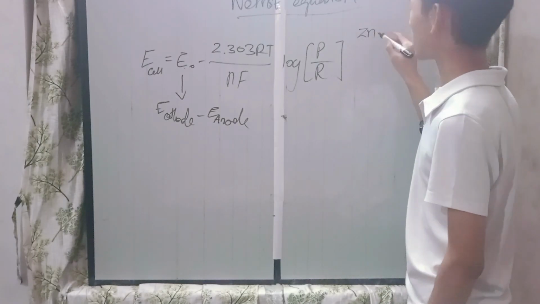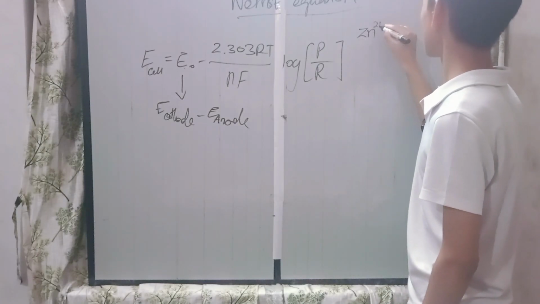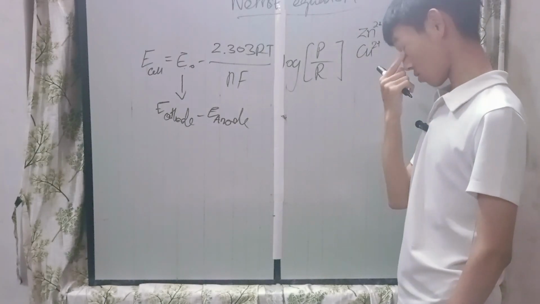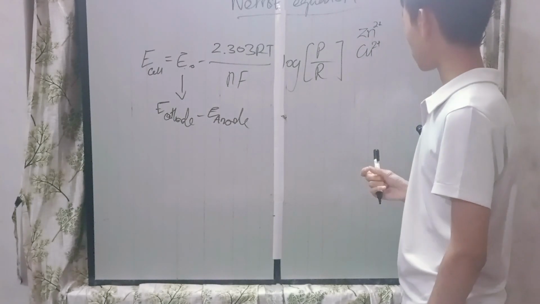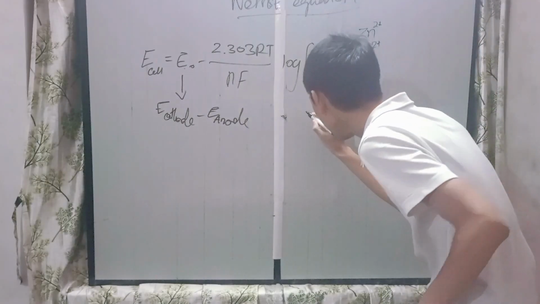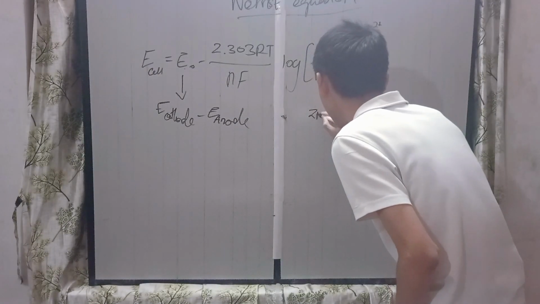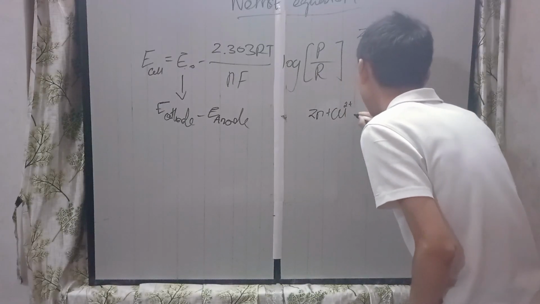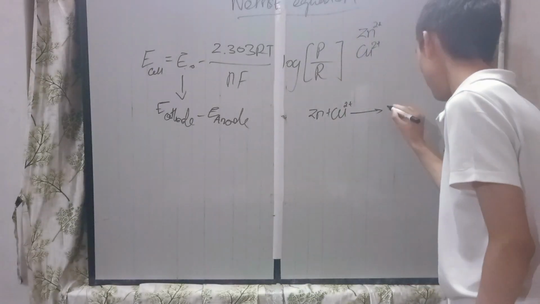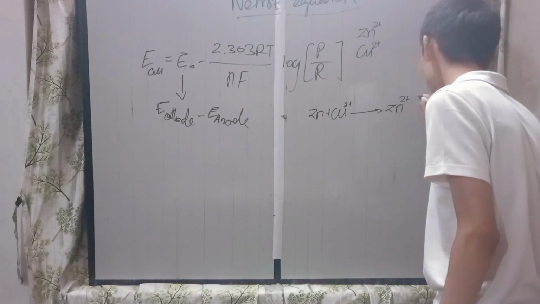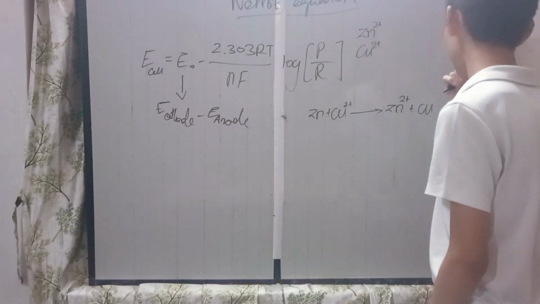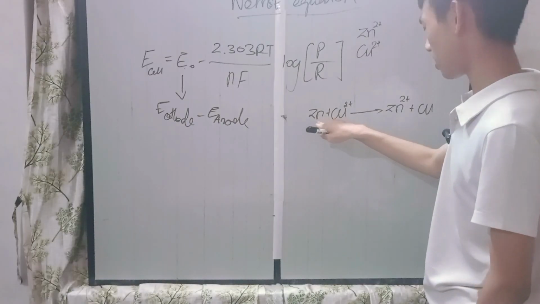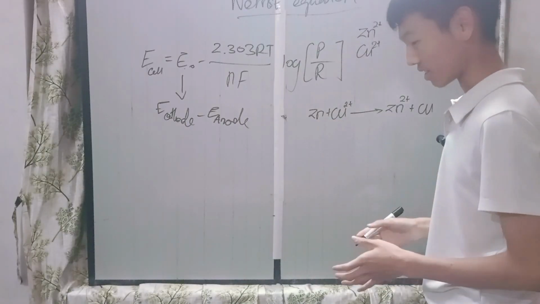So earlier we had zinc 2 plus and copper 2 plus react. So how their reaction would have gone would be like this. First you would have zinc and copper ions. Then you would have zinc ions, then copper turns solid.